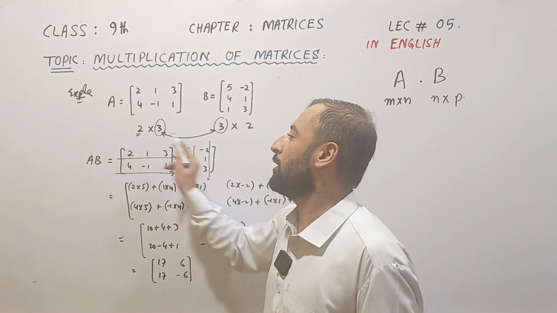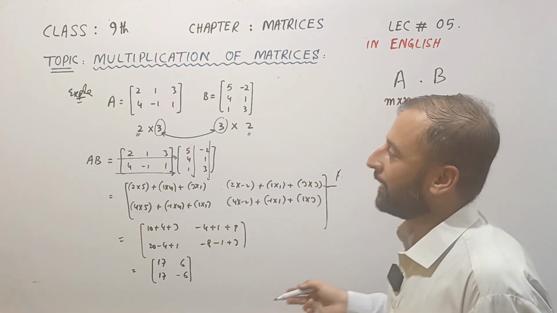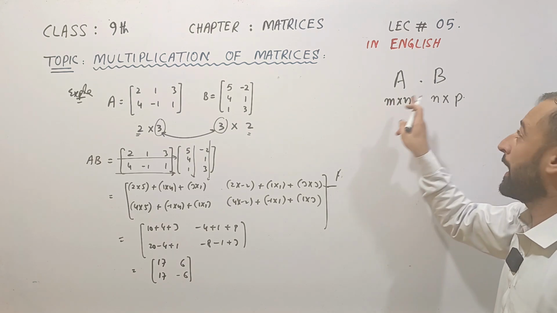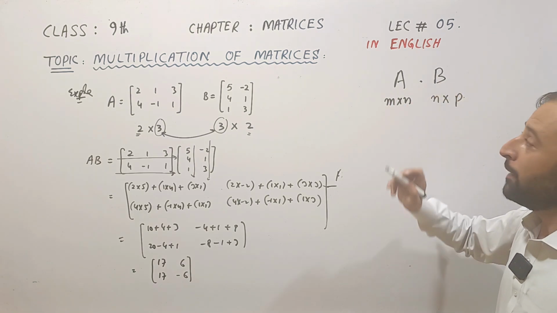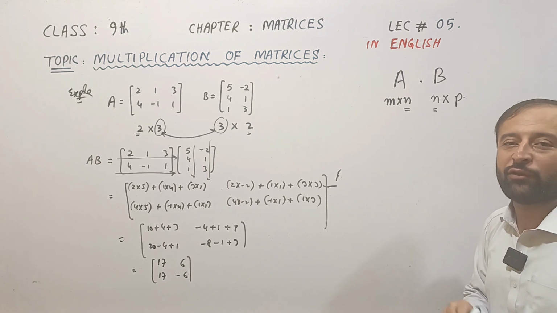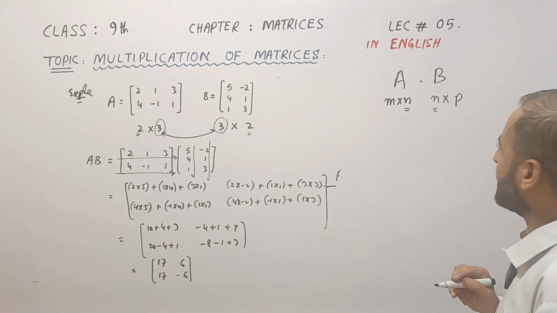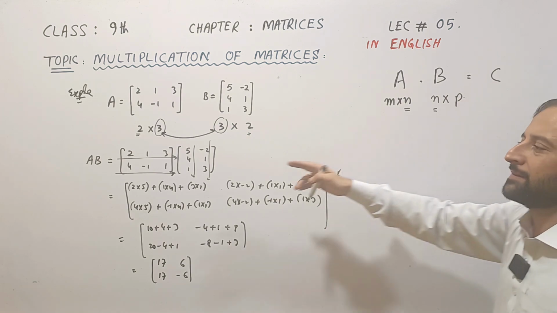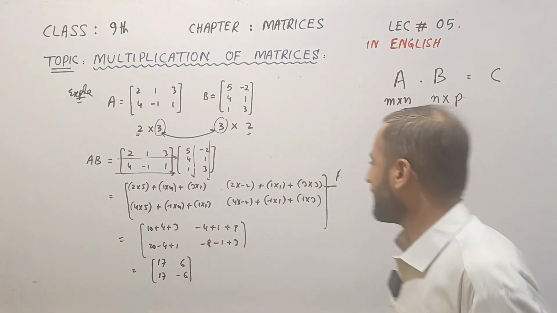These two may be equal and they may not be equal. I use different alphabets. Matrix A has M rows, matrix B has P columns, but matrix A has N columns and matrix B must have N rows if you want to multiply them. This is the condition. And if you multiply them, of course, you will get another matrix.